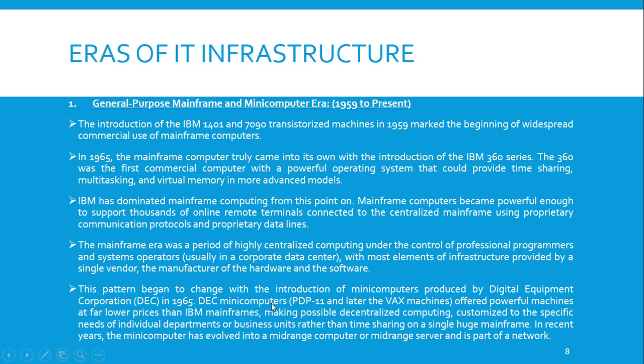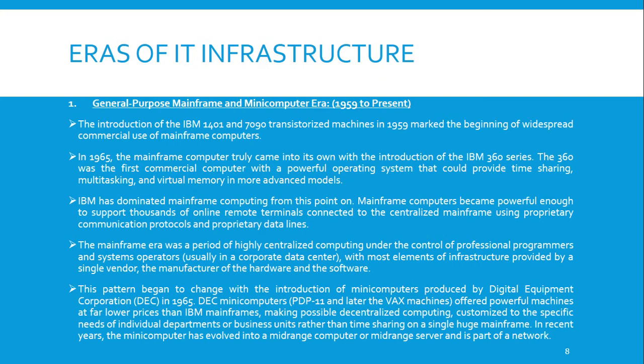Now, this pattern began to change with the introduction of the minicomputer produced by DEC Corporation, which is Digital Equipment Corporation, in 1965. DEC minicomputers, the popular models being the PDP-11 and later the VAX machines, offered powerful machines at far lower prices than IBM mainframes, making possible decentralized computing customized to the specific needs of individual departments or business units rather than time sharing on a single huge mainframe.